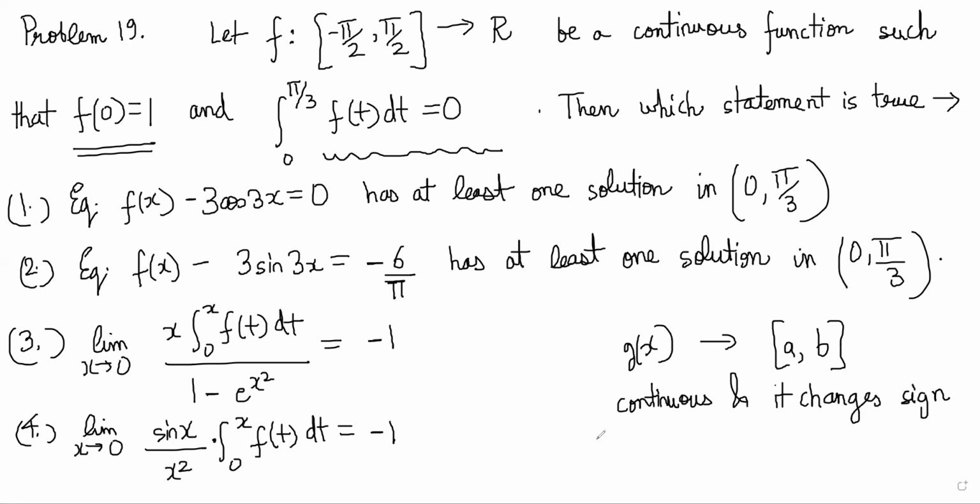What I mean by that is g of some c should be greater than 0 and g of d should be less than 0, right? And c and d lie inside this interval.